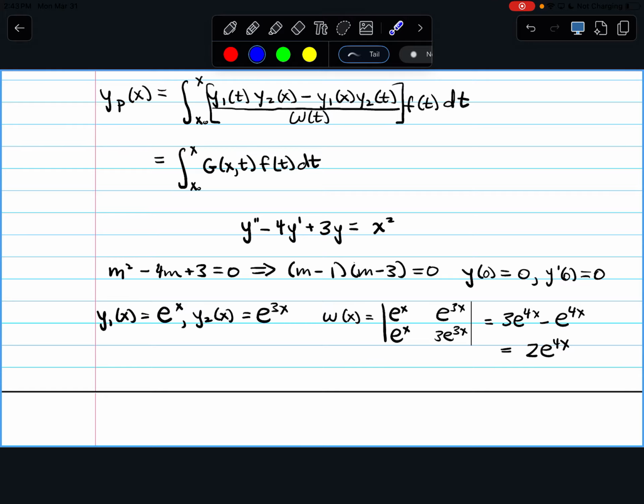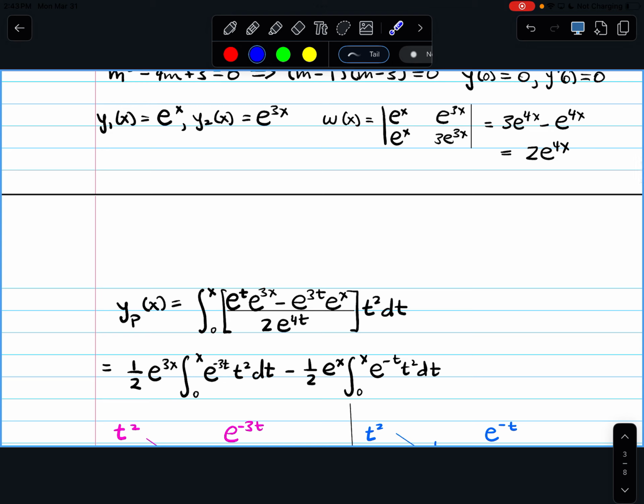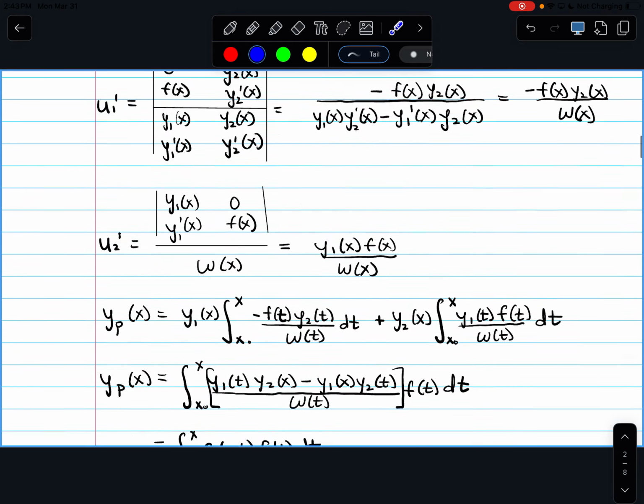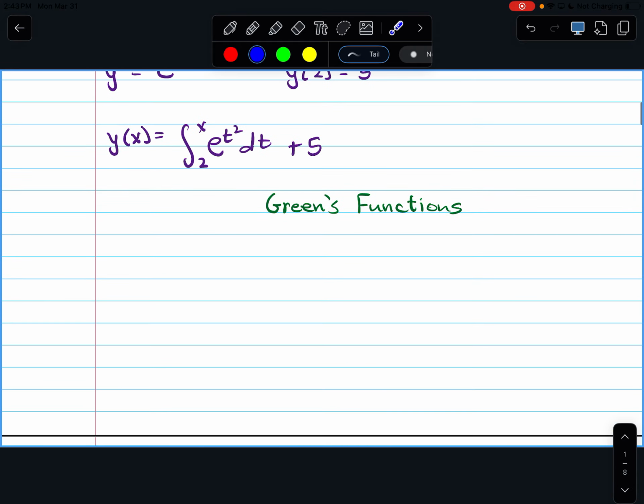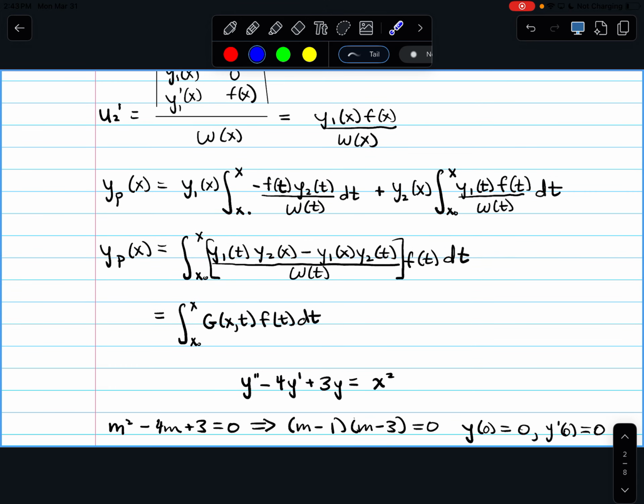That's the first step. Now, I'm going to actually find the particular solution, and I'm just going to plug it into my formula. Now remember, we have the Green's function, which I should put in green here.